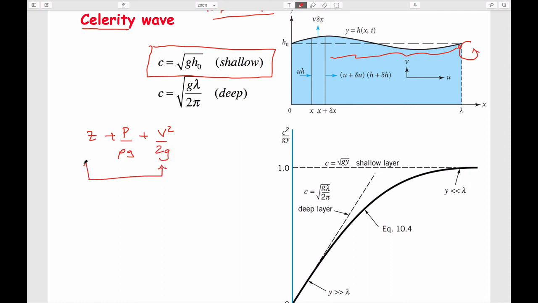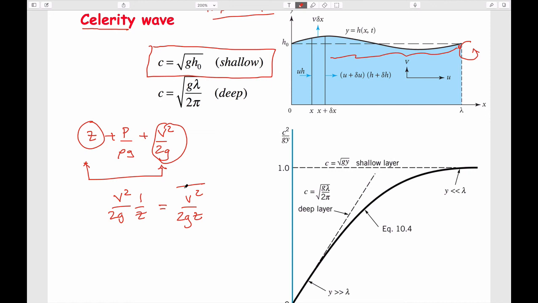We divided these two together, and we ended up with v squared over 2g times 1 over z, just by dividing one by the other. That's the same as v squared over 2gz.